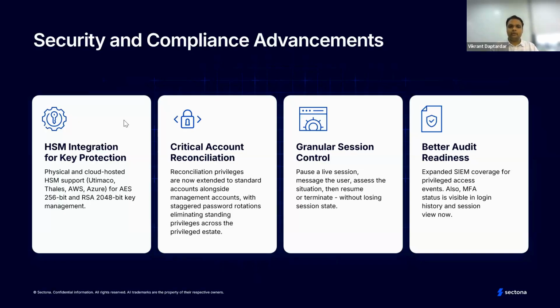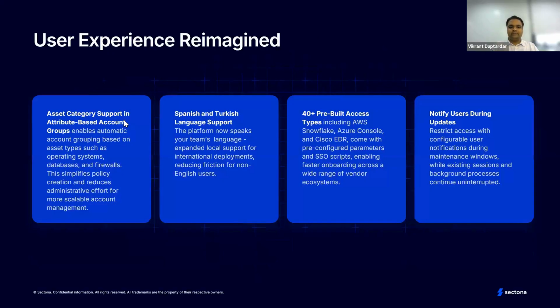All right, so moving on to the user experience front. The platform can now automatically identify asset types such as OS, databases, firewalls, and use these categories as part of account grouping. This makes policy creation far more intuitive.